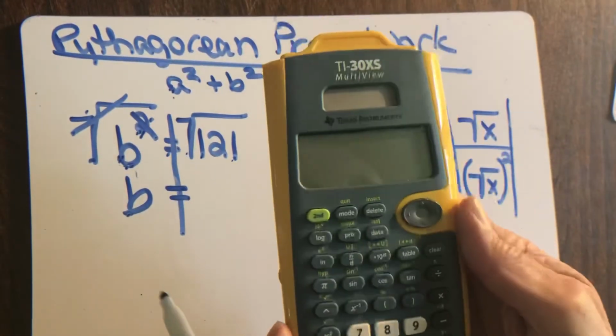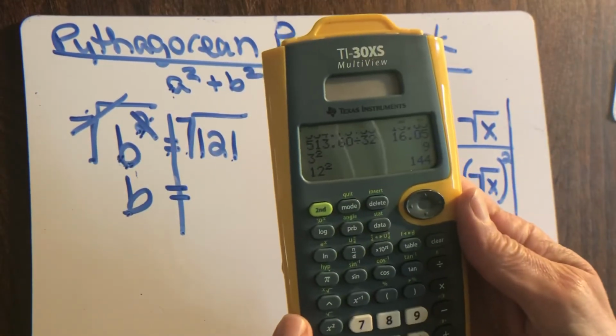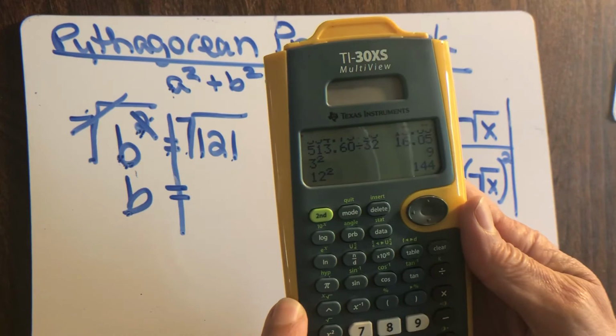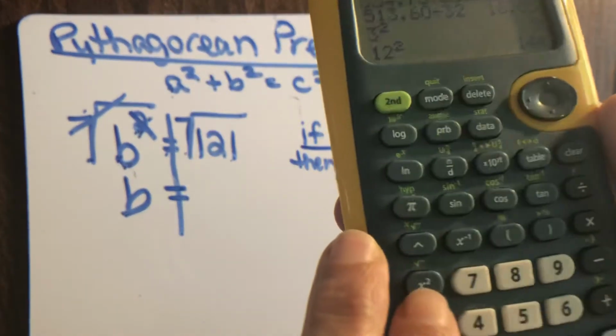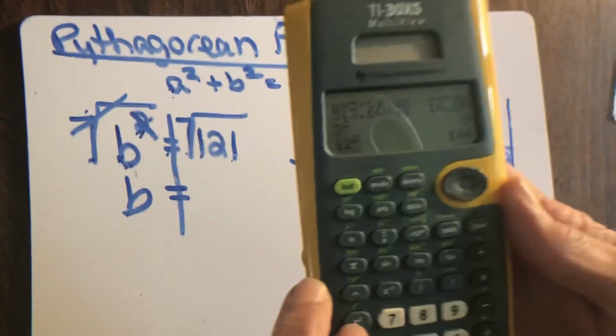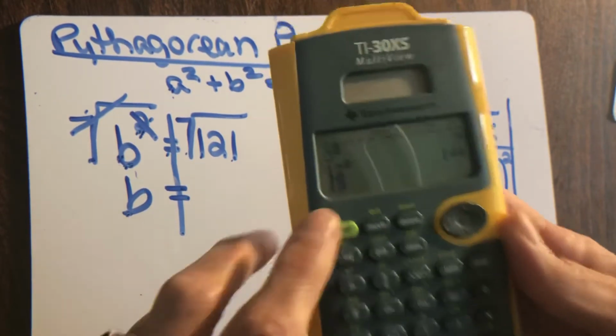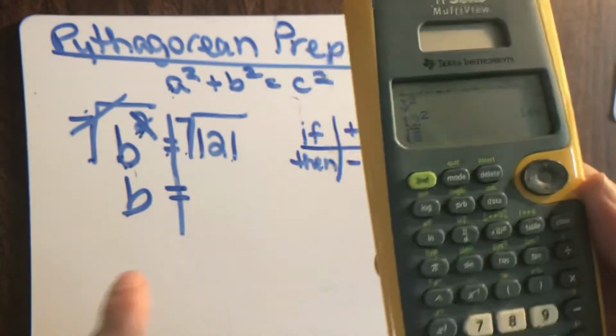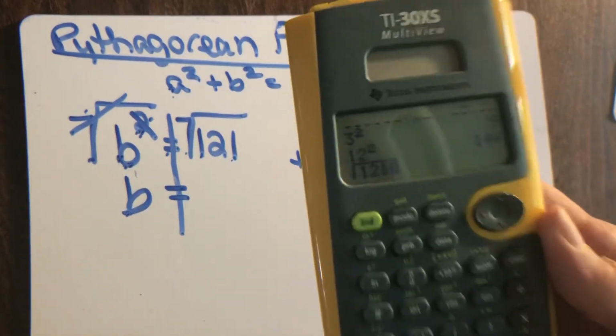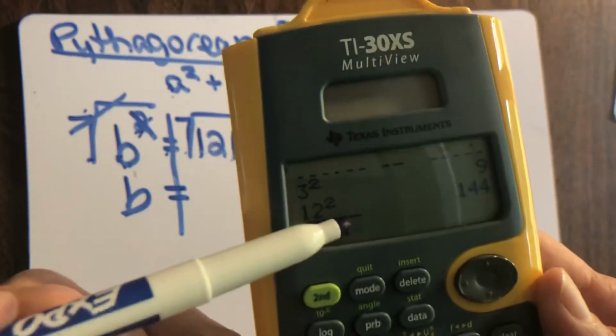Grab your calculator. So let's do it. How do you use the square root? Well, the square root is above the squared sign. It's in green, so hit your second key, hit x squared, and there's your square root, okay? And we put the number in, 121. Now notice your cursor's still under the square root sign.